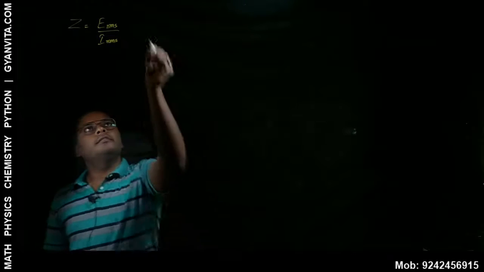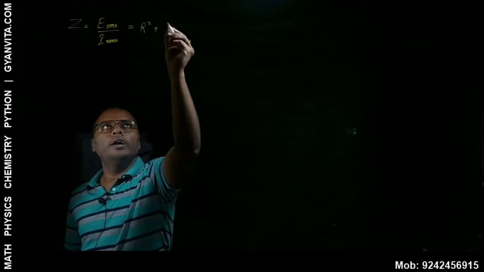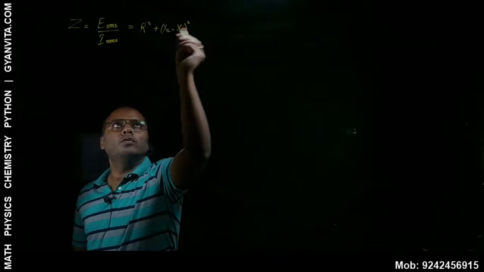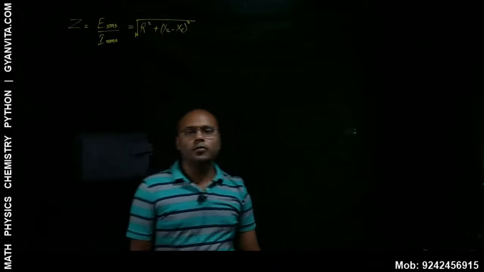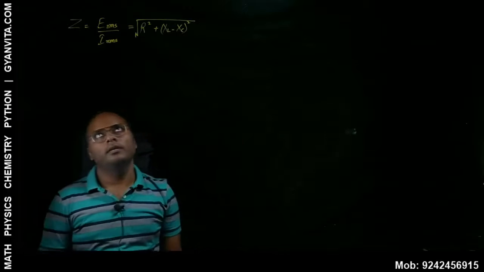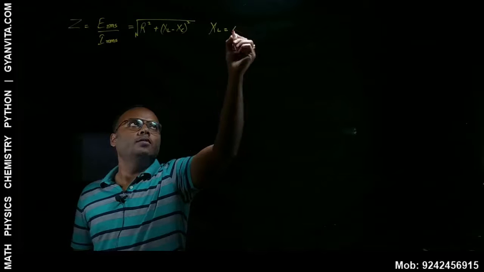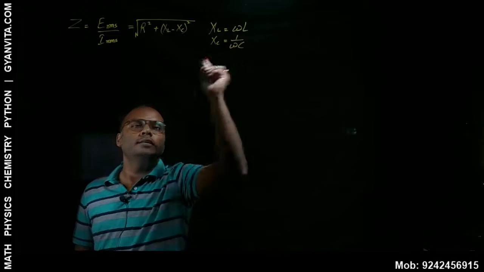Based on the circuit elements, it is equal to root of R square plus XL minus XC whole square. So these are the two formulas for Z, and XL is omega L, and XC is 1 by omega C.